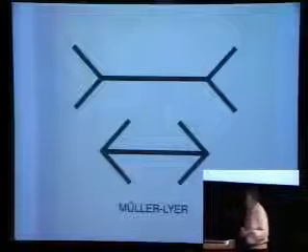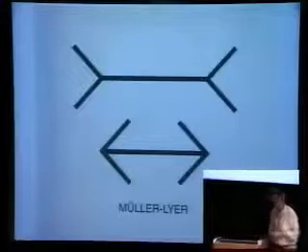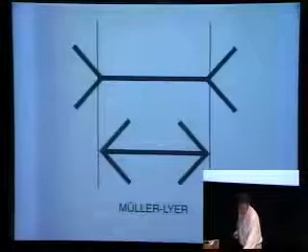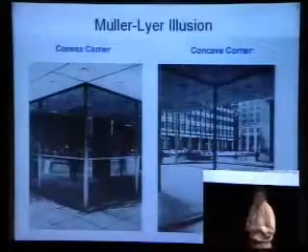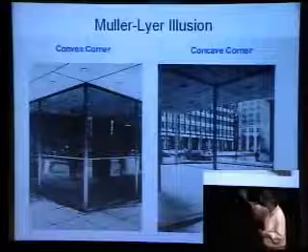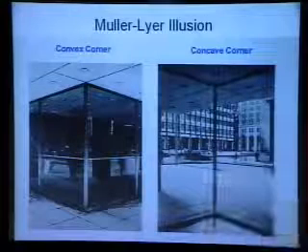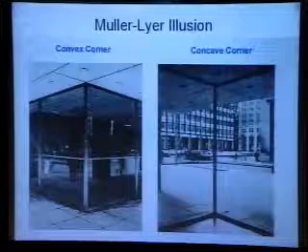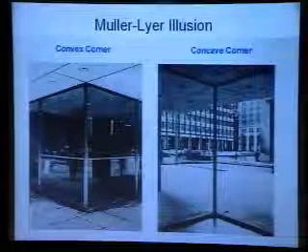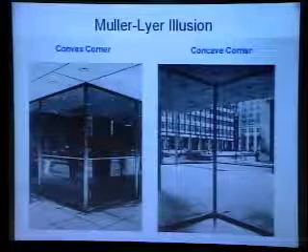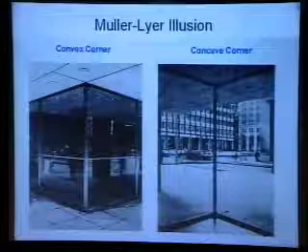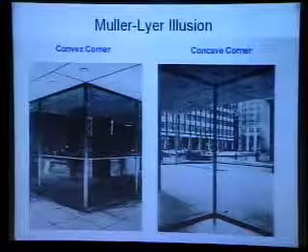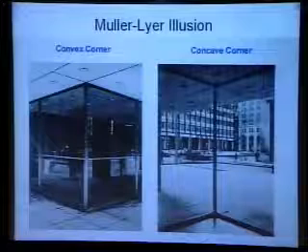This is known as the Müller-Lyer illusion. I'll give you another example of it. Here is a real-life example taken from inside and outside a commercial office building, where you have this vertical bar with the so-called arrows, okay?